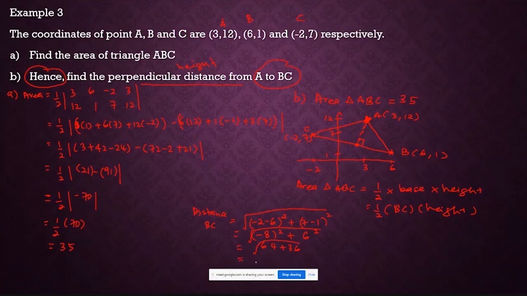So square root of 100 equals 10. So 10 is the distance of BC.